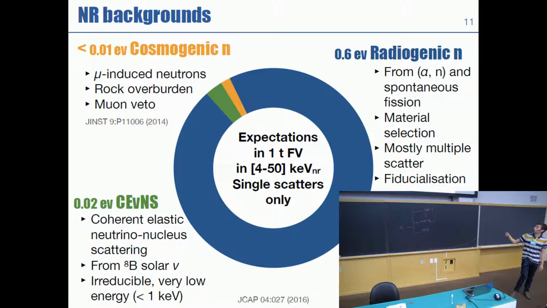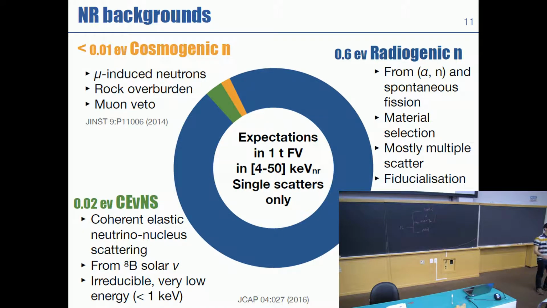So then our real background comes from radiogenic neutrons, from the detector materials, so from alpha-n, for example. And here, again, this is in a 1 ton core volume of xenon. We expect about 0.6 to 1 event per year. And this is something that's difficult to reduce.